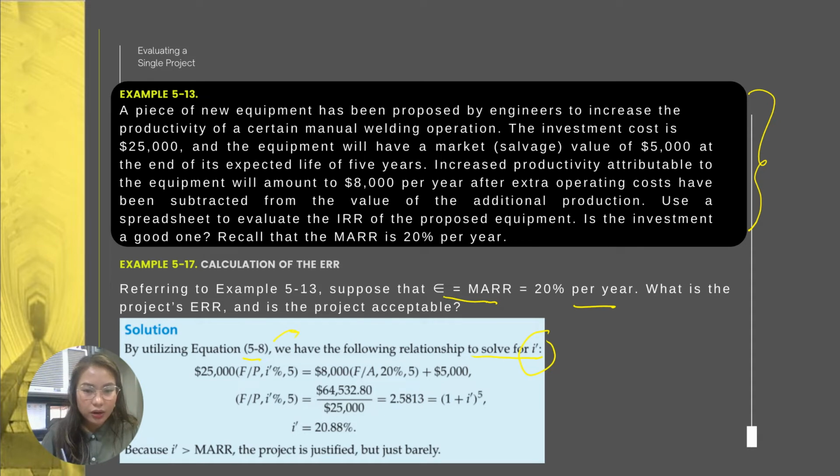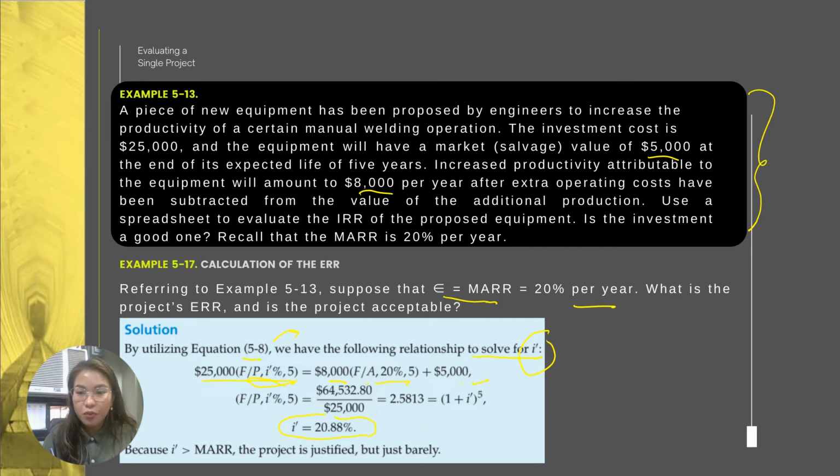Review this, which was discussed in topic 3, lecture 1, if I'm not mistaken. You will be utilizing this functional notation, with the cash flows given, 20% MARR, 5 years, and a market or salvage value of plus 5,000. We can compute I prime equal to 20.88%.